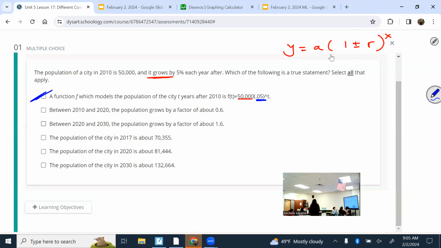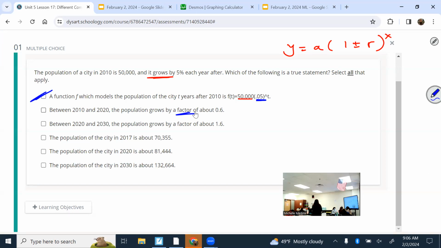Between 2010 and 2020, the population grows by a factor of about 0.6. So factors, remember, are equivalent to what your B is, that's what you'd be multiplying by each time. In exponential functions, your factor does not change. So forget the part that says between 2010 and 2020.